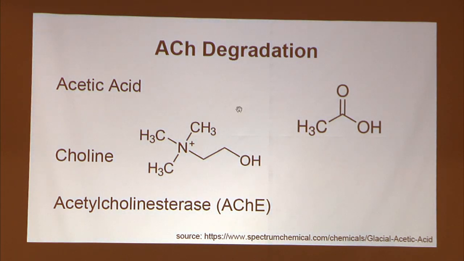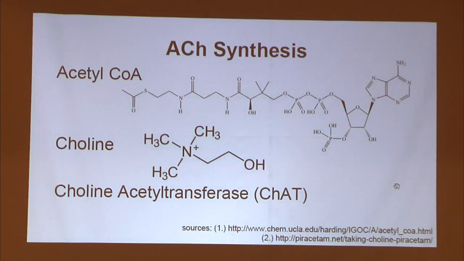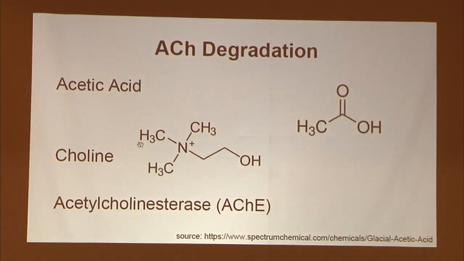Then it's degraded into acetic acid, which is over here, and this choline. You'll notice that choline is used to make acetylcholine, and choline is what you get when you break it up. So this choline is going to be taken back up into that neuron and used again to make acetylcholine. They're going to recycle it, kind of. They're going to pick this up and make it again when they break acetylcholine down.